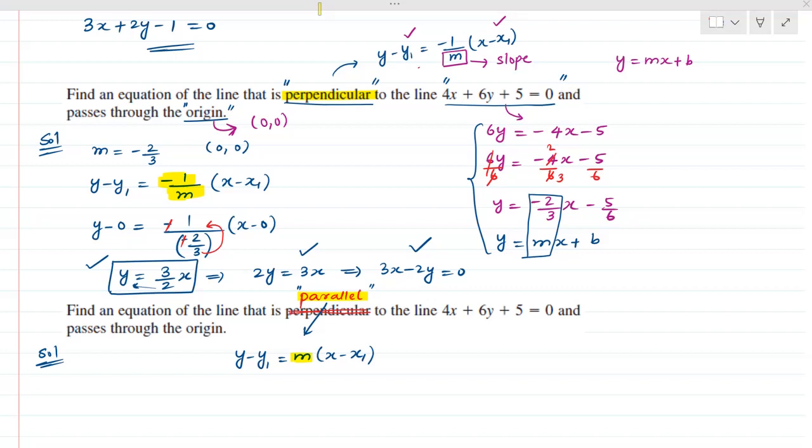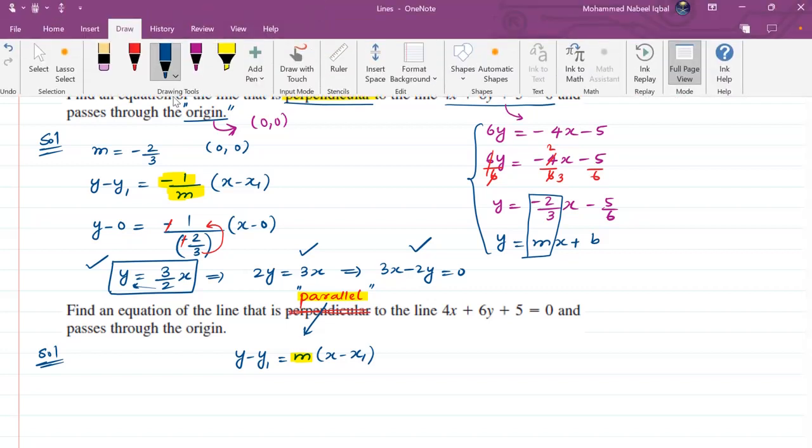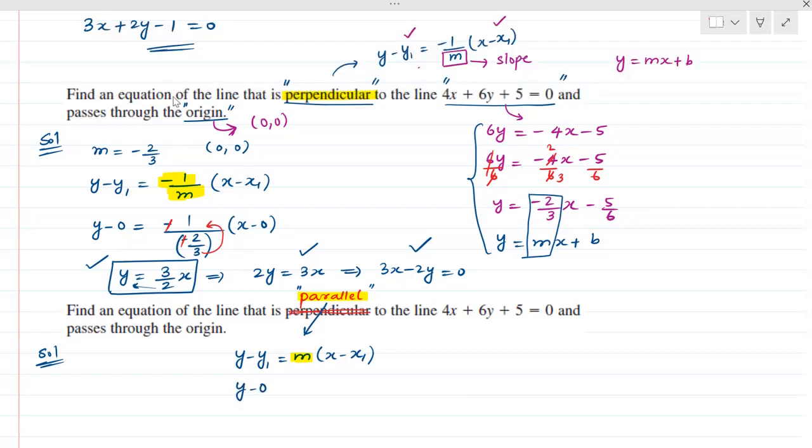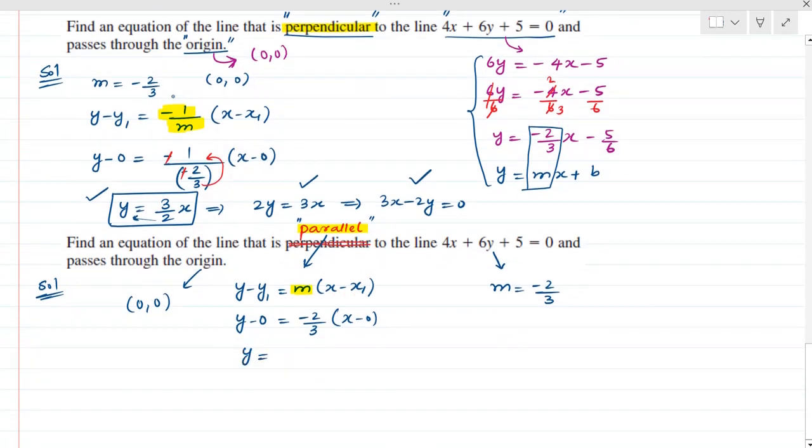Now just substitute the value. Here y minus, the origin is what? 0, comma 0. And as we calculated, the slope of this line, m, is equal to minus 2 over 3. Just substitute the value: minus 2 over 3 times x minus 0. When I multiply this, y is equal to minus 2 over 3 into x. So this is also right.